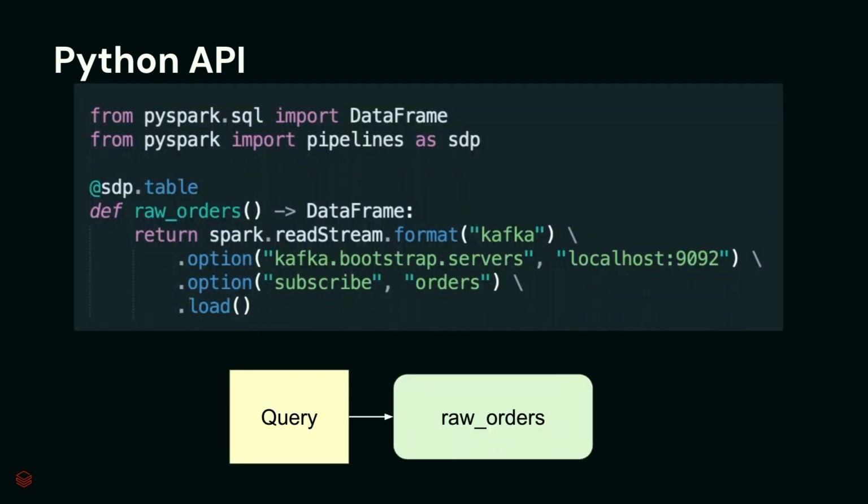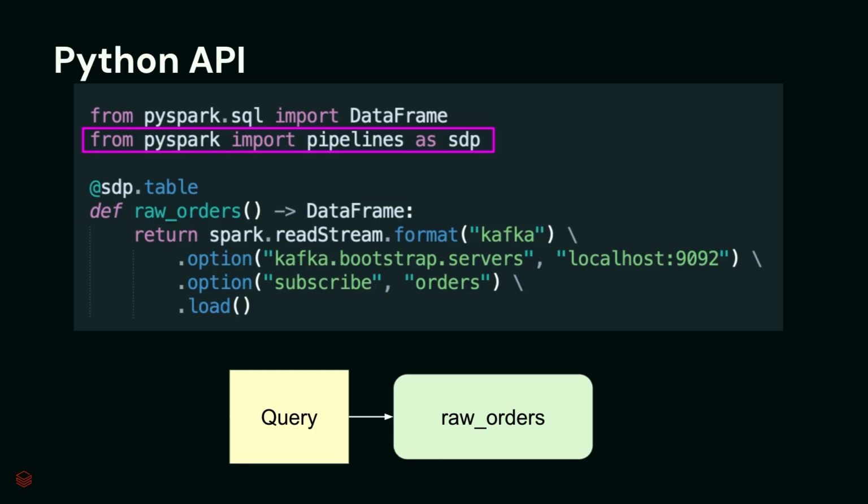So here's a minimal example, which defines a single table and a single query. The first thing to note at the top is that we're importing from this new PySpark.pipelines module. It includes all of the Python APIs that we're going to use here. And because pipelines is a lot of characters to type, we alias it to SDP, which stands for Spark Declarative Pipelines.